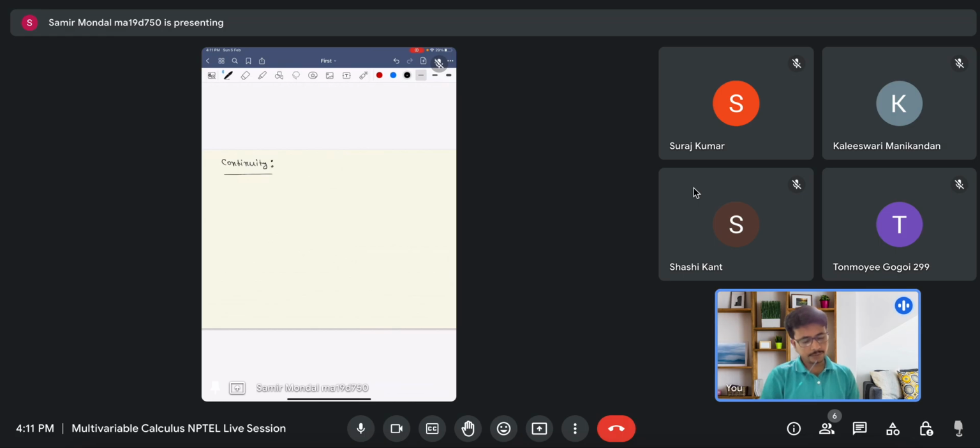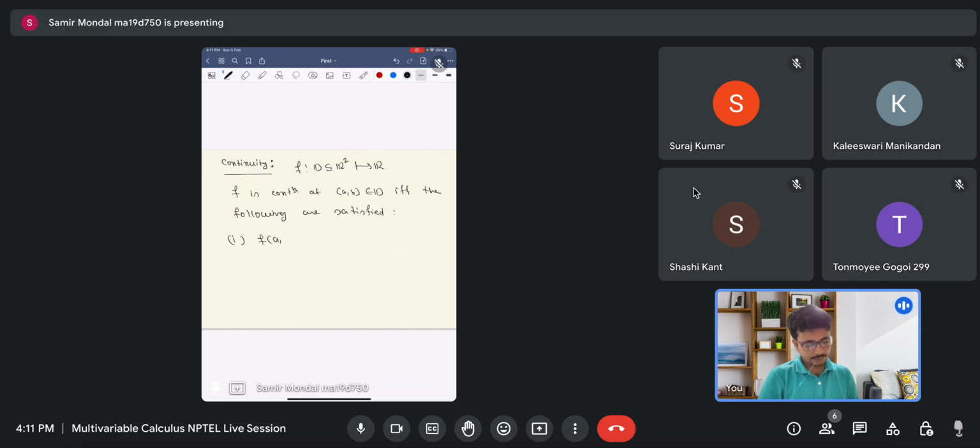This same thing will hold for two variable functions also. Suppose you have a function whose domain is defined from D to R. F is continuous at (a,b), which belongs to D, if the following are satisfied.